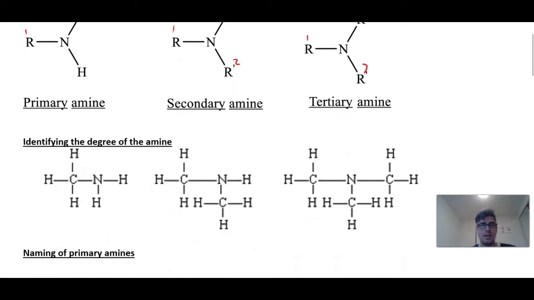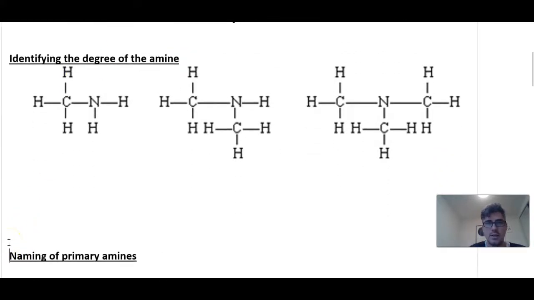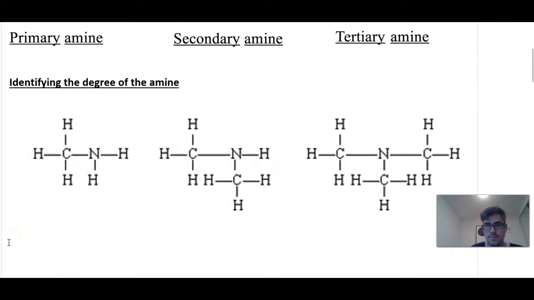So if we look at these three amines here, have a go, pause the video and see if you can work out the degrees of these. If you look at this amine group here, you can see that it's attached to just one alkyl group, which is actually a methyl group. So that's a primary amine.